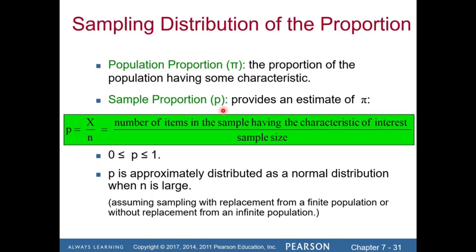When we calculate the probability, we always use p to represent, but that p is totally different from this p, the sample proportion. So please pay attention to the difference between the sample proportion p and the probability p-value.